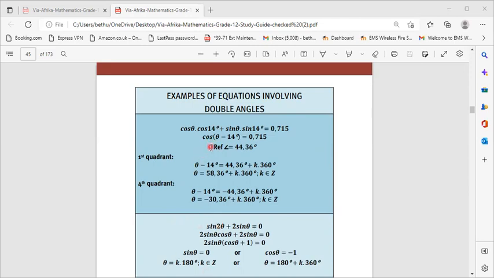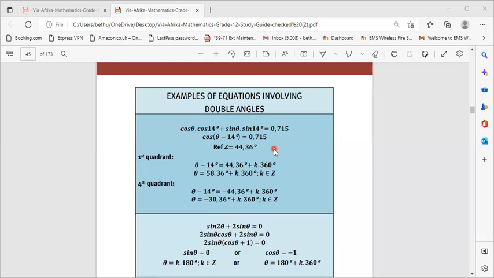Now, we can express this as cos, open bracket, theta minus 14 degrees, which is equal to 0,715. Now, remember that we are solving equations or general solutions involving double angles.